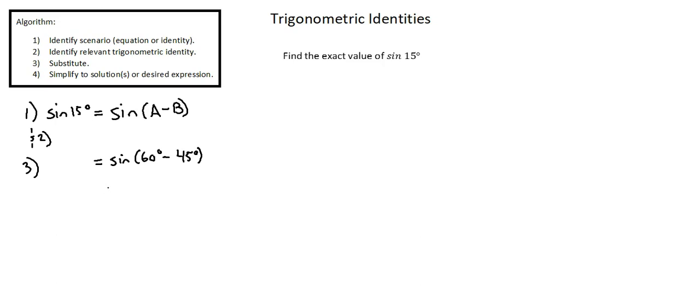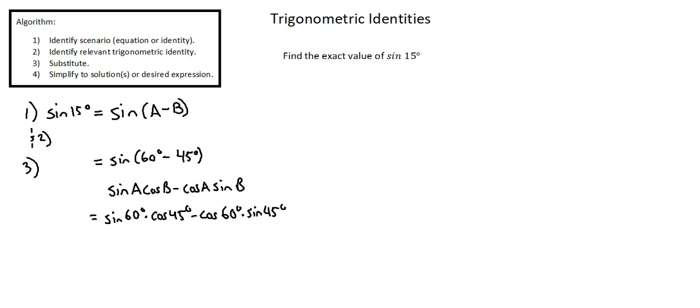When we're using the compound angle formula with sine and subtraction, then our setup is going to be sine A times cosine B minus cosine A times sine B. In this case, that will be sine 60 degrees times cosine 45 degrees minus cosine 60 degrees times sine 45 degrees.